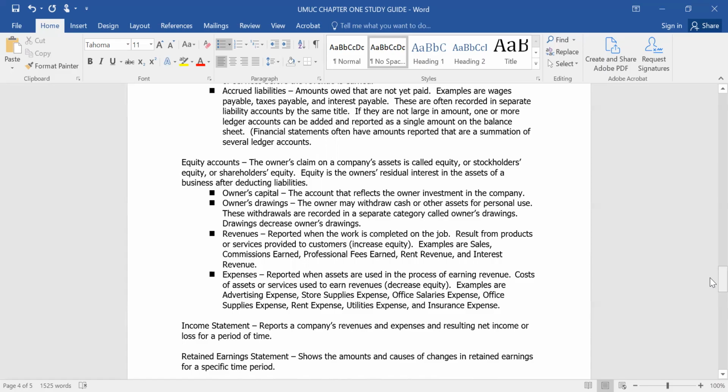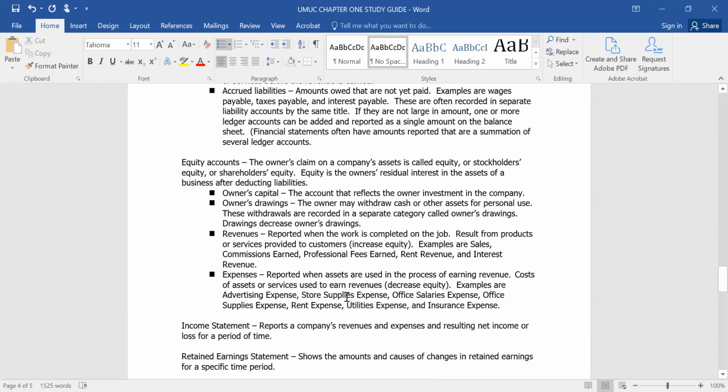Revenues are where, let's say, I'm selling products or services, whatever I'm doing. If I'm an accountant and I perform a tax return, my revenue is the money I get for completing that tax return. Expenses are the costs of generating revenue, and there are various expense accounts.